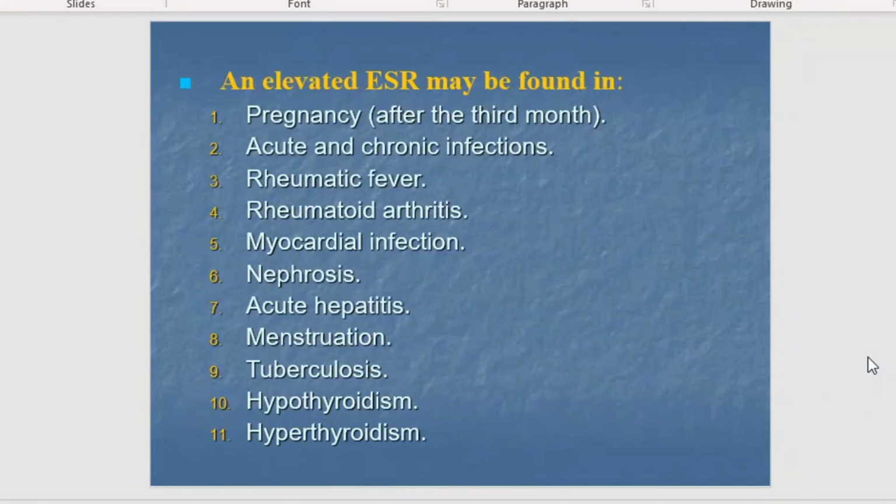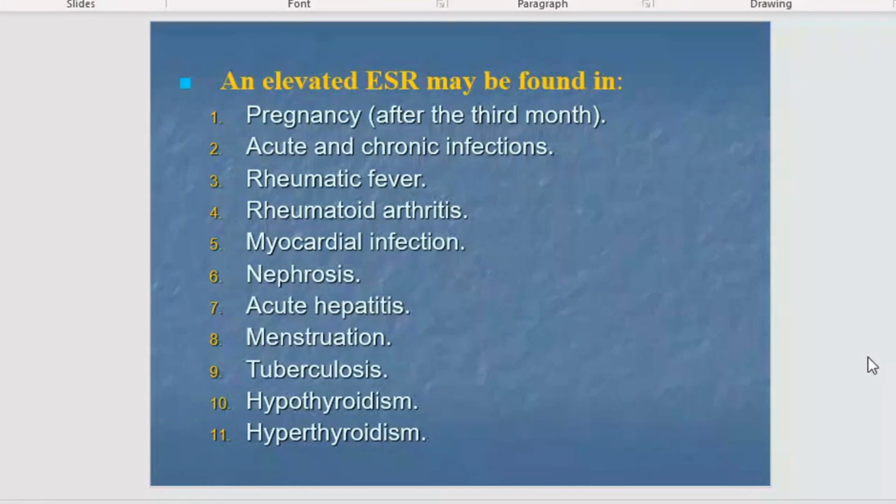So usually an elevated erythrocyte sedimentation rate may be found during pregnancy, usually after the third month. Then acute and chronic infections. So acute and dangerous infections. Chronic in the sense that they are lethal, so the person will die.